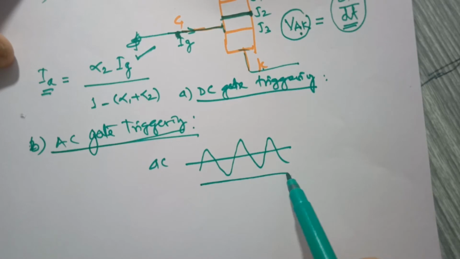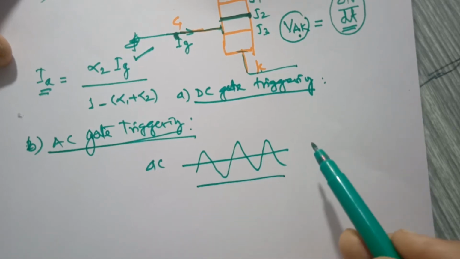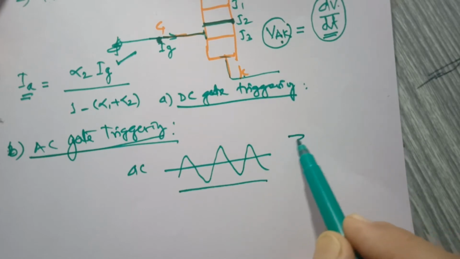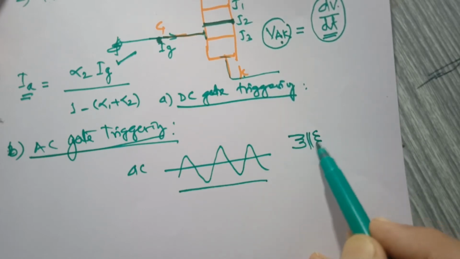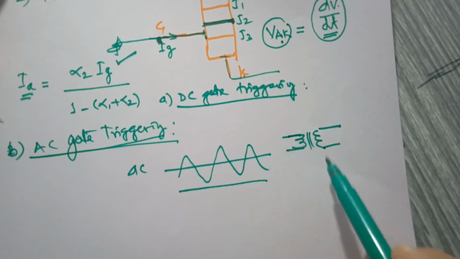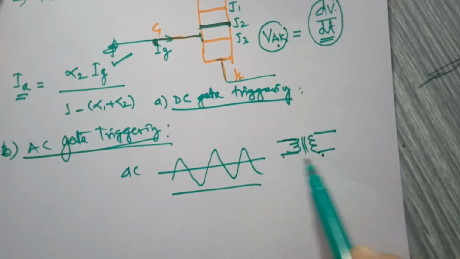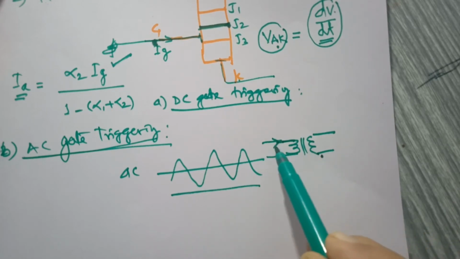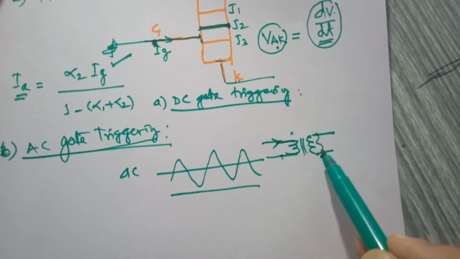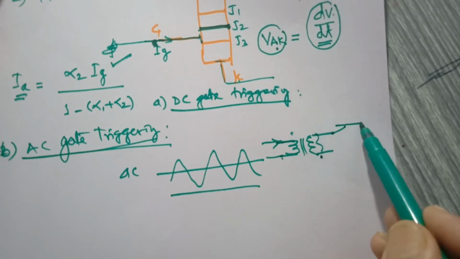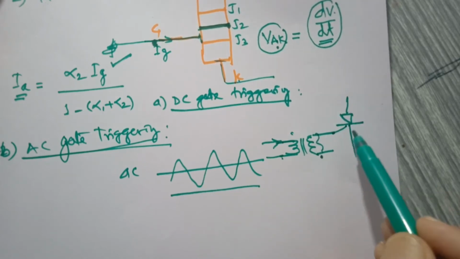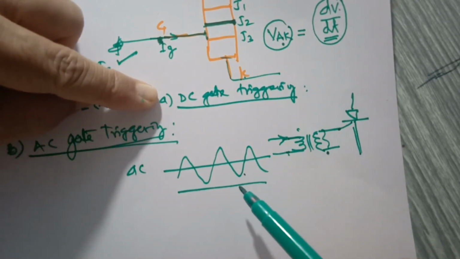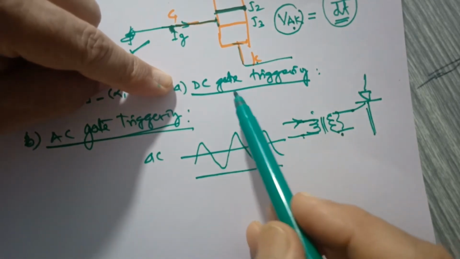As you are using AC, it is possible to have isolation just by using a transformer, a pulse transformer. In a transformer, you know the primary and secondary circuits are not physically connected. So gate current will flow in the primary, and the induced voltage will induce current in the SCR, and the SCR can be triggered. So this is more convenient than DC gate triggering.